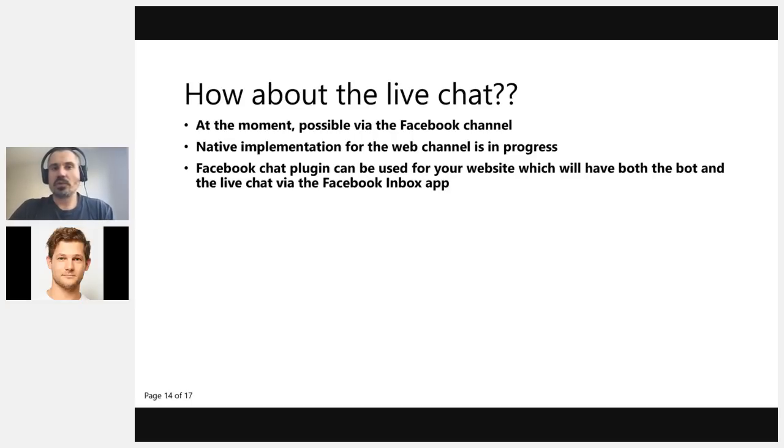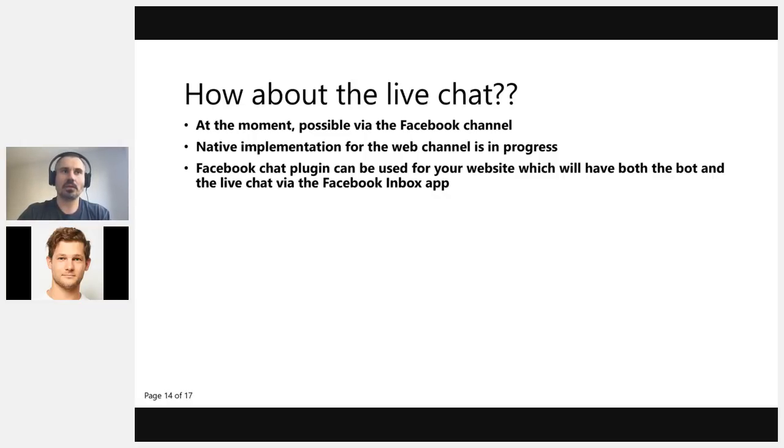A question which is asked a lot is how do you support live chat within your system? The answer is that we have Facebook integration, which allows two modes of conversation: the live chat and the automated bot, with a fallback between each other.